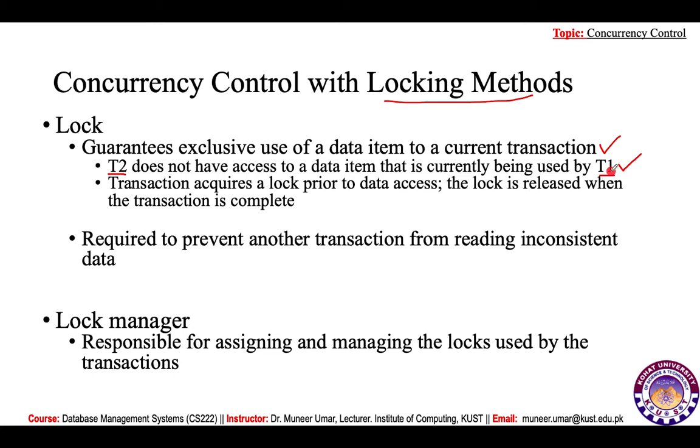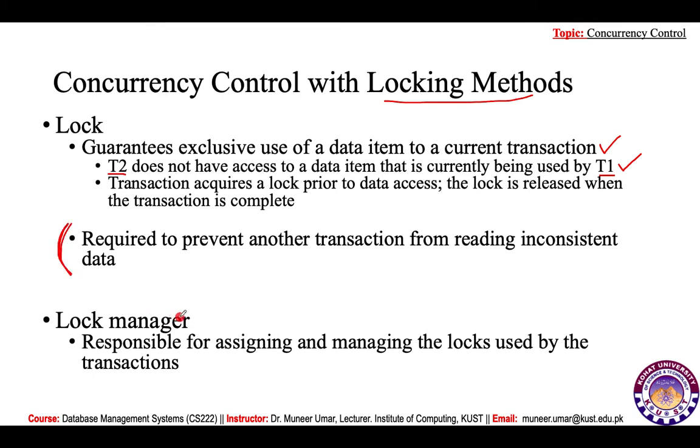And once T1 completes its operation, after that the lock is released for other transactions. This is required to prevent another transaction from reading inconsistent data. The locking mechanism doesn't allow other transactions to read inconsistent data which is being used by the current transaction.